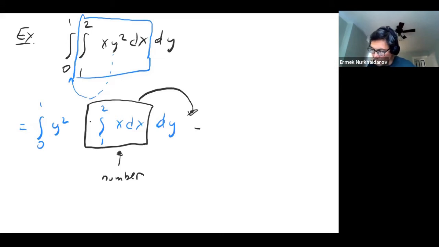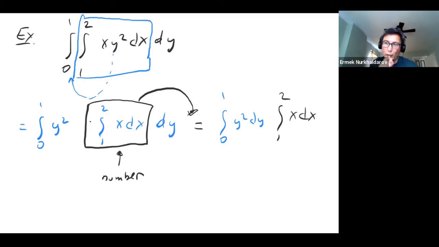So what you're going to get is the integral from 0 to 1 of y squared dy times the integral from 1 to 2 of x dx. So we can separate variables, with y on one side and x on the other side, and multiply.